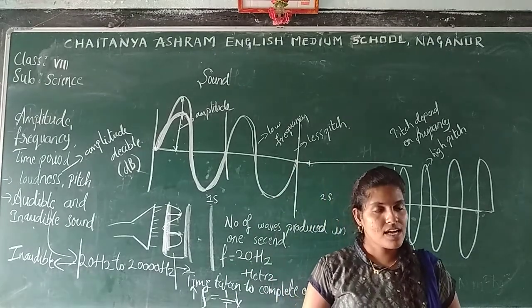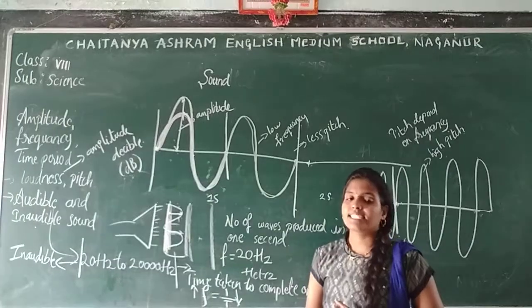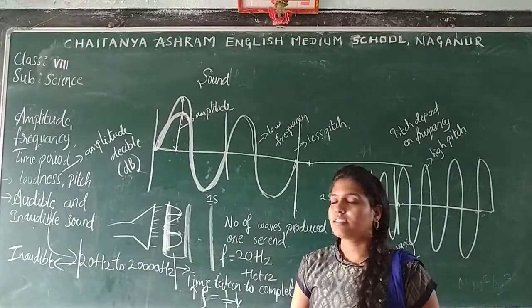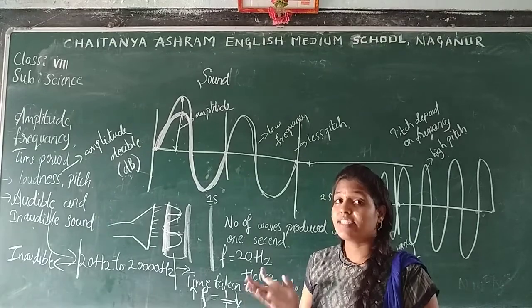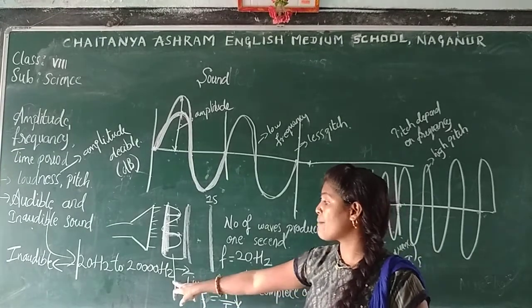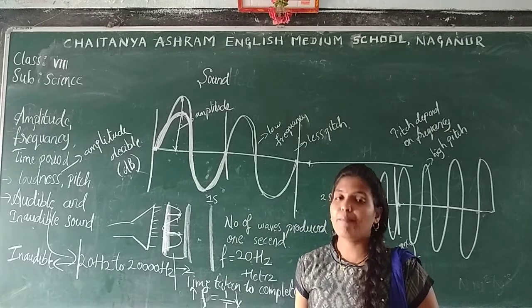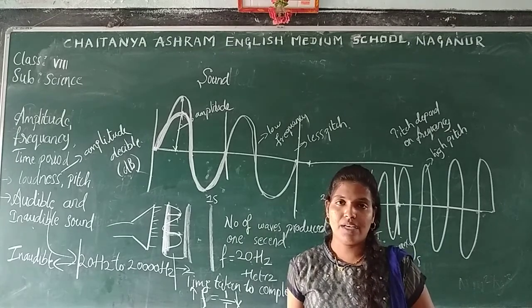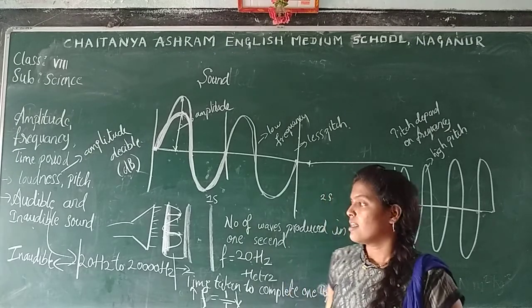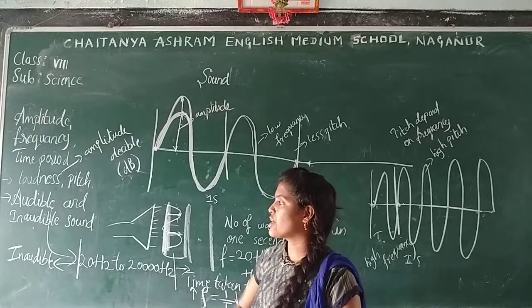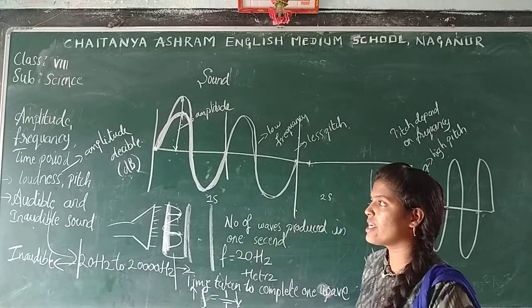Understood, students? Some dogs and some animals can hear sound above 20,000 Hz frequency, but we human beings cannot. This is all about audible and inaudible sound and loudness.